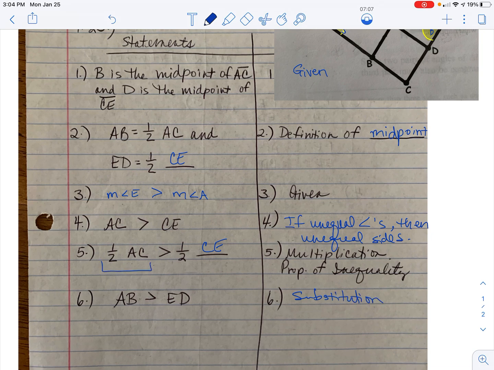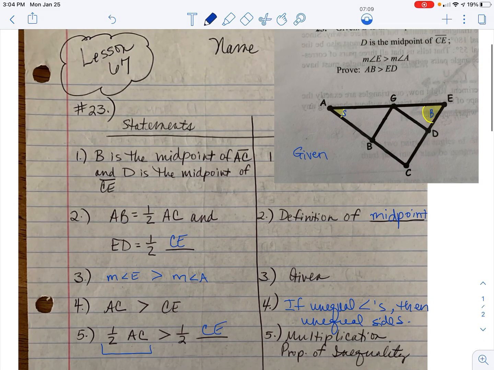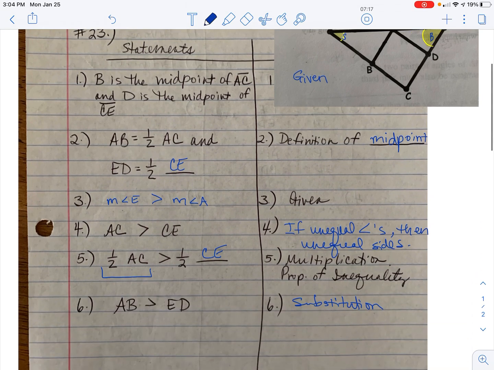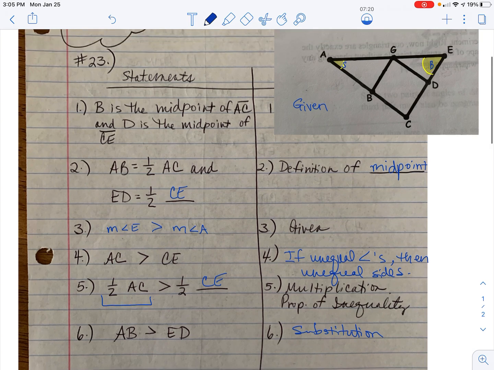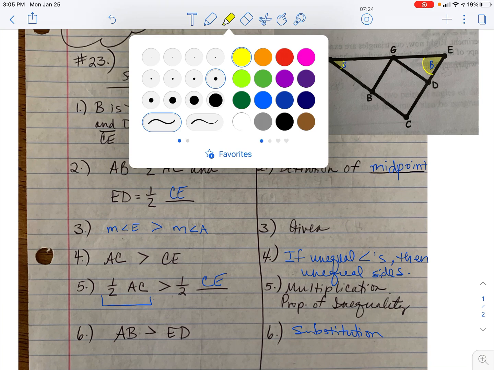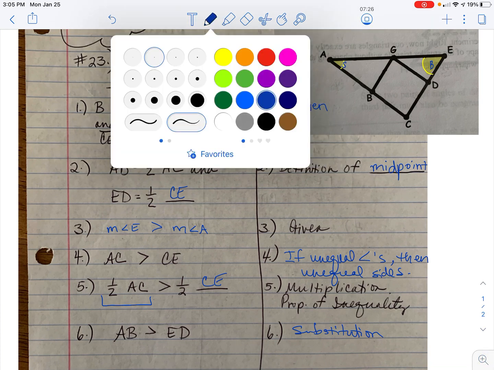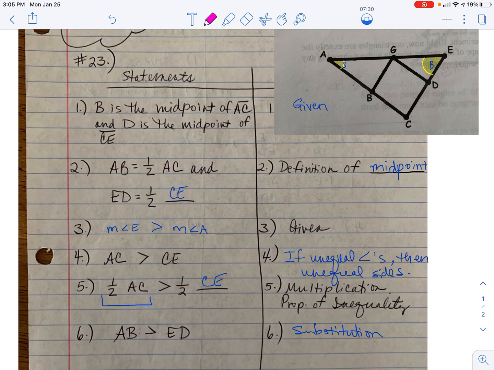So what is half AC? Let's go find it. Half of AC, and I'm going to take my pink pencil, and I'm going to show you half of AC is AB, right? AC is the whole thing. If my pink line keeps going, that's AC.